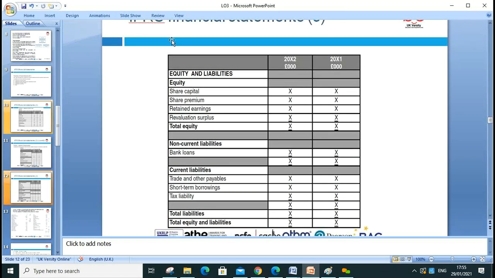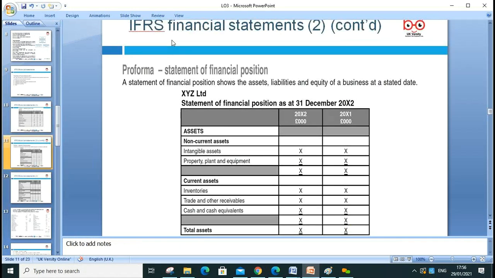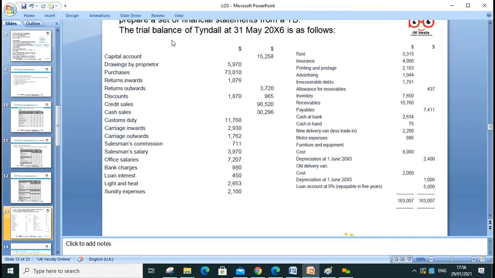So my total liabilities plus equity should be equal to my assets. We learned assets equal liabilities plus capital. Capital in companies, we call equity. So this is my credit side and this is my debit side. So both will be equal. Any question? Okay, no. We'll go through an example now. We've been given a trial balance, yes?